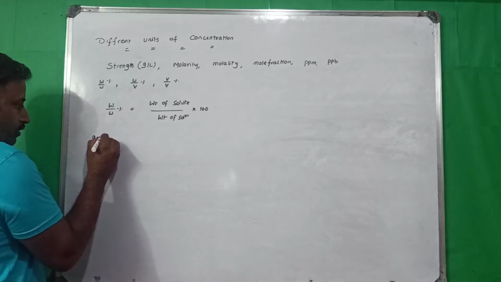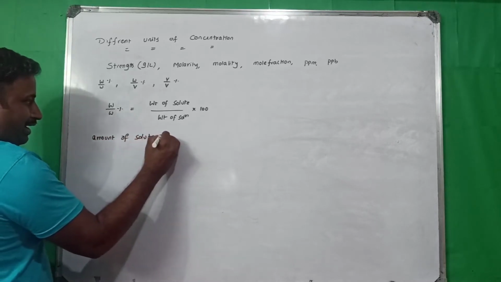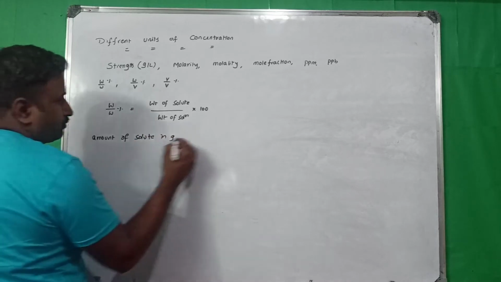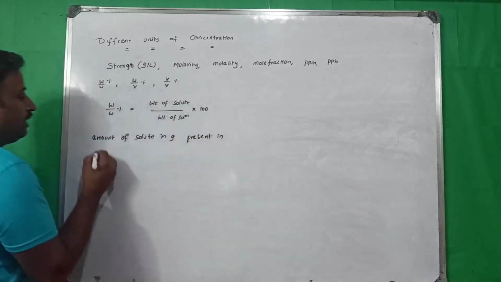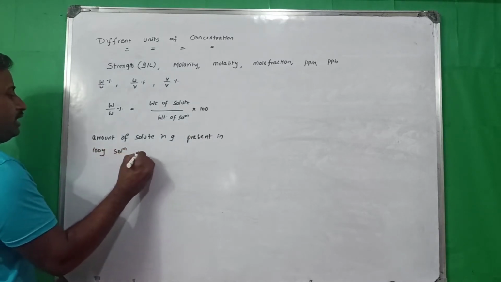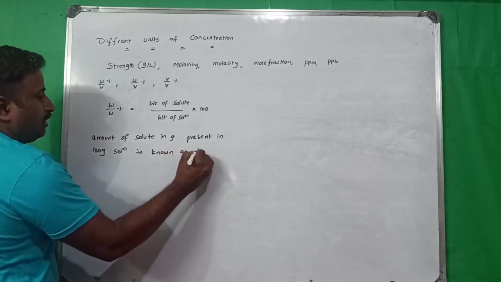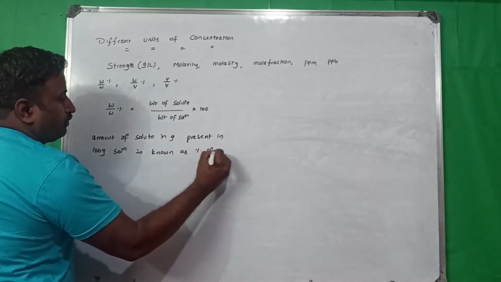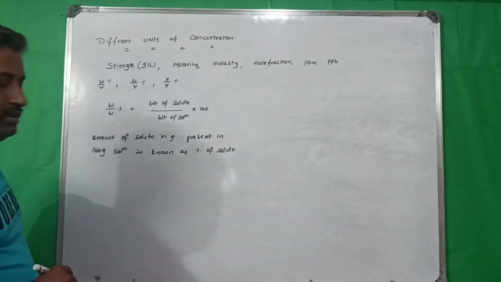So we can define: the amount of solute in grams present in 100 gram solution is known as percentage of solute, weight by weight.